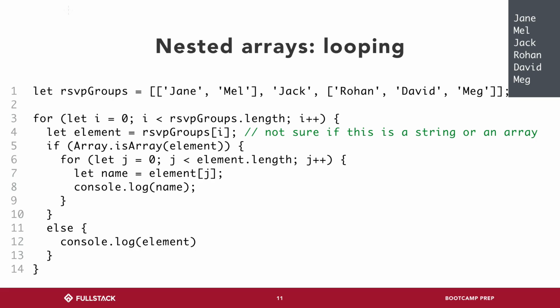So then it would console log Jane 0 as one thing, Mel 0 as one thing. And then it would finish that loop, finish that logic block, and then it would iterate on, so I is now 1. It would hit Jack. And then down here you say console log element plus I. And so it'd say Jack 1.